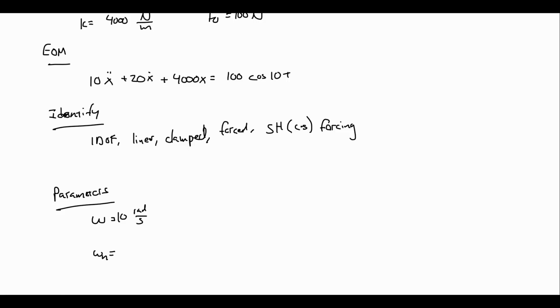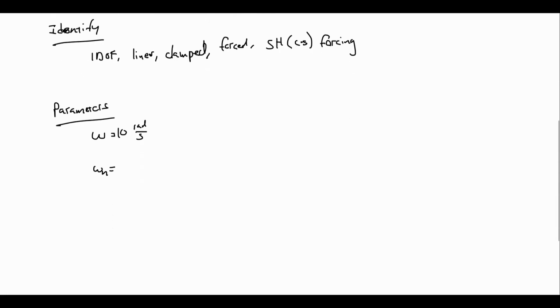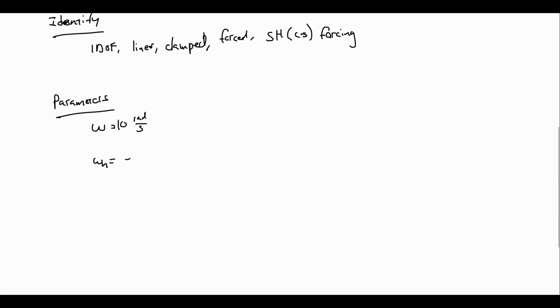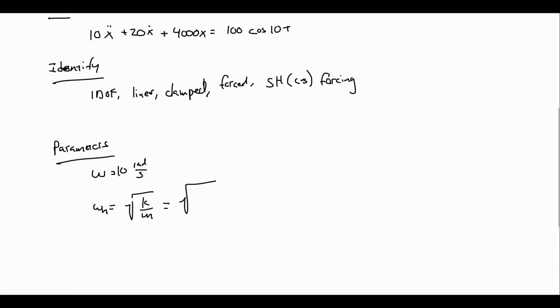And we want to find our natural frequency, which will be root k over m. And going back to our equation, that is 4,000 as our k in base units over 10. So that was newtons per meter, and kilograms for our mass, which means that our natural frequency is 20 radians per second.